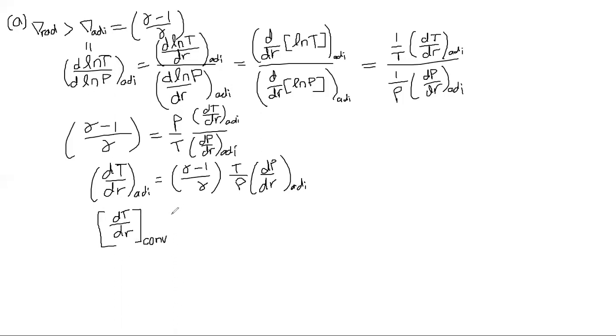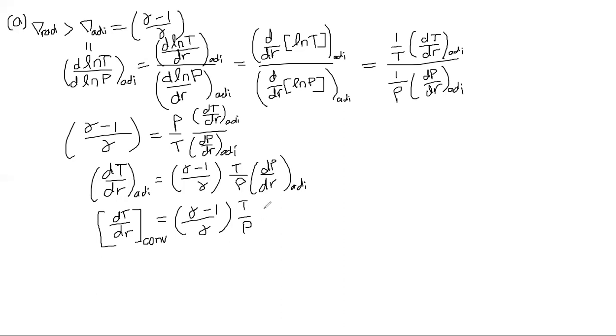So again, the criterion for determining whether a certain region in a star is going to be convective or not depends on comparing the temperature gradient at that region to an adiabatic temperature gradient. So that's why adiabatic and convective are the same, and I can just replace one for the other. Gamma is, of course, the adiabatic index, temperature is just temperature, and pressure is just pressure.